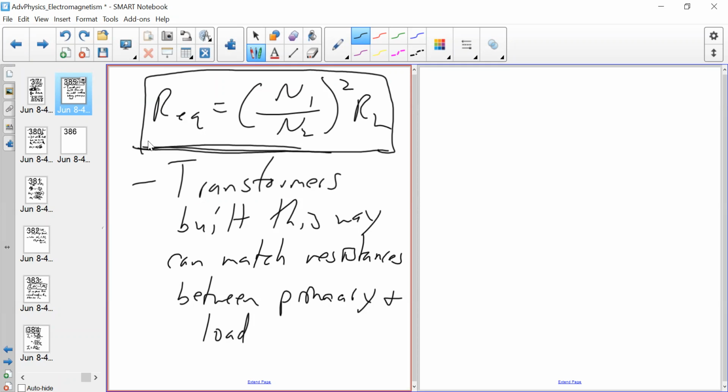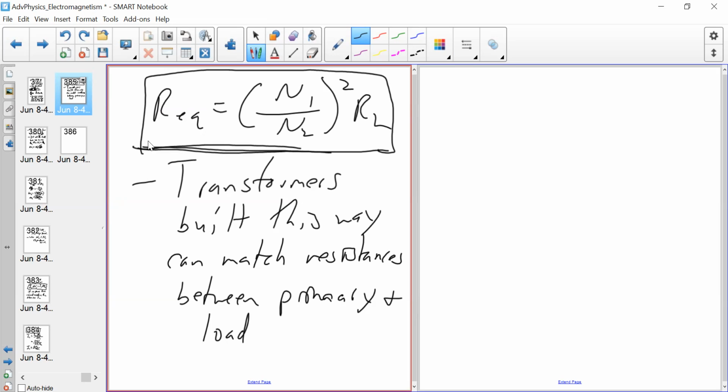So let's say the primary is your amplifier, the secondary is your speaker. If you can match impedance based on this equation, you have maximum signal, you have maximum broadcast. You can hear a person talking through a megaphone or your music through this big speaker at the maximum best possible signal if you can match primary to secondary resistance based on this equation.